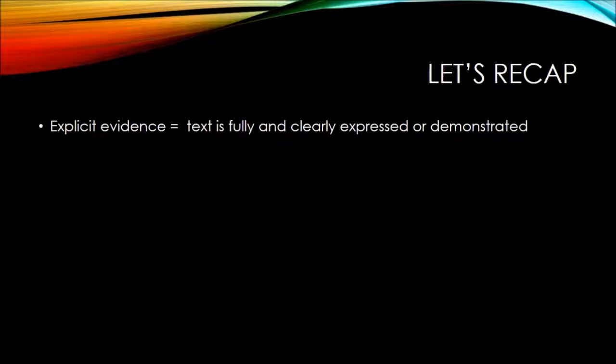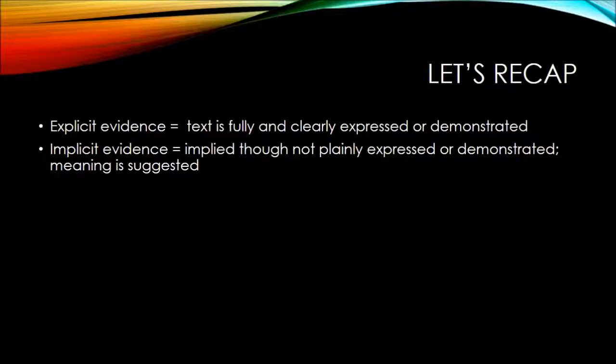So let's recap. First of all, explicit evidence is text which is fully and clearly expressed or demonstrated in the book. Implicit evidence is implied, though not plainly expressed or demonstrated. Its meaning is suggested.